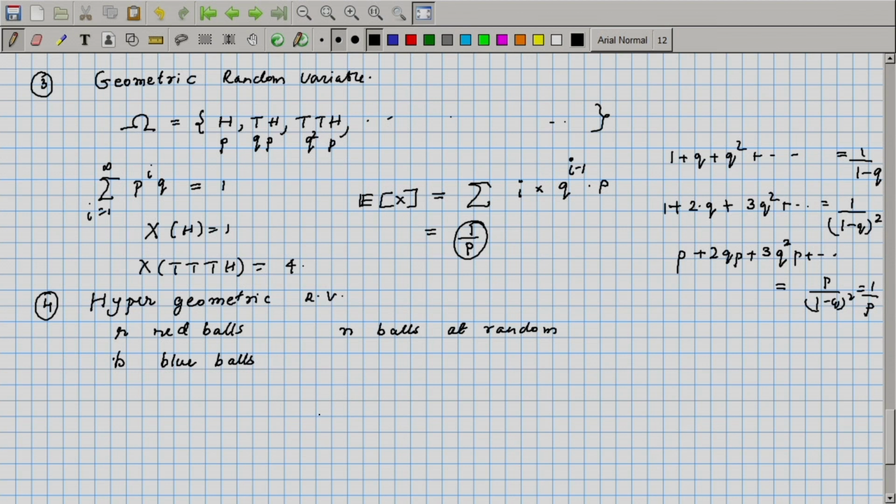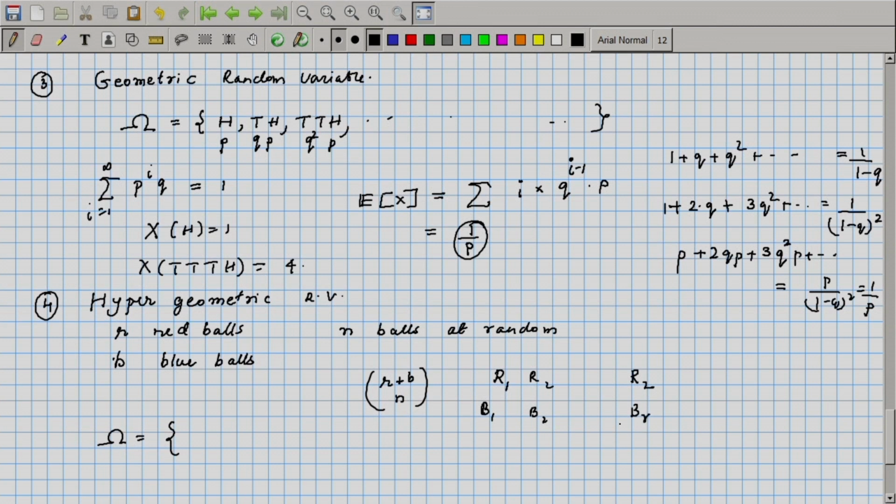The total number of ways in which you could do this is R plus B choose n, and all the possible choices are equally likely. So, the sample space, if you write it explicitly, is going to contain R plus B choose n elements. Let us say our balls were numbered, so we wrote them as R1, R2, up to RR and B1, B2, up to BR.